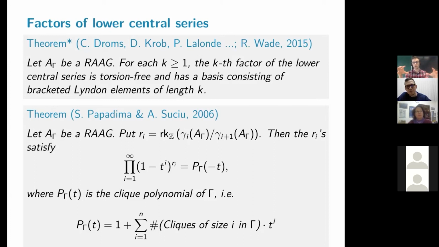Richard Waite combined them in one work, in his PhD thesis, and then also published this part as a paper, where you have the full procedure described. He starts with Lyndon words, introduces Lyndon elements, formalizes this, and gives the theory of why it works. Then he proves that it is indeed forming a basis, that all the factors are torsion free.